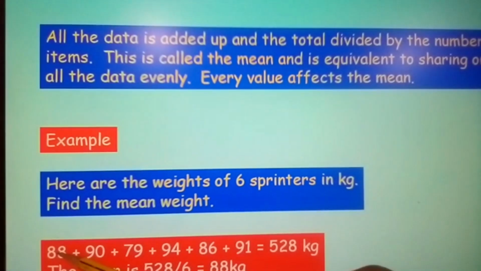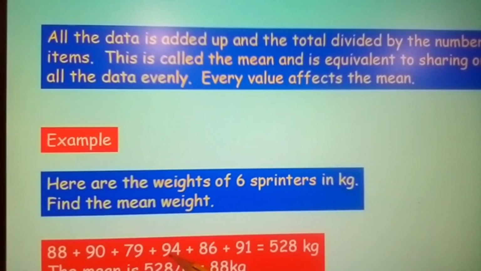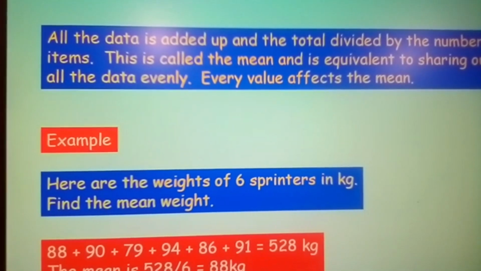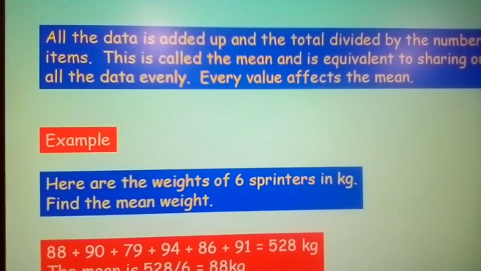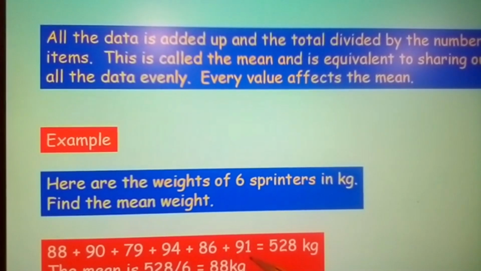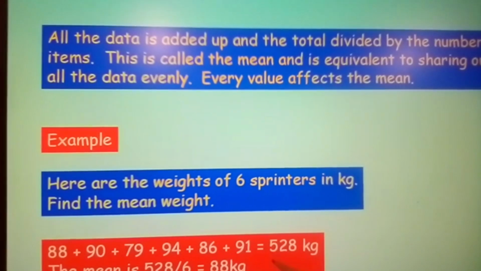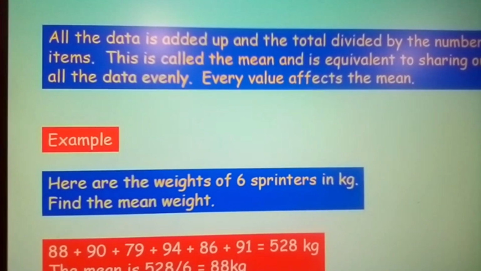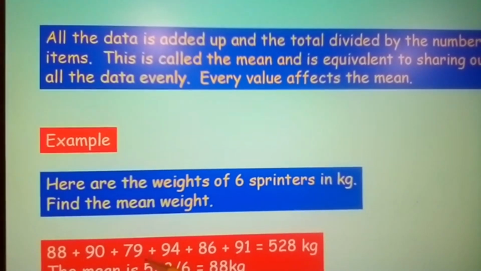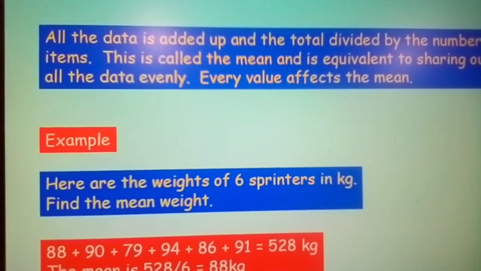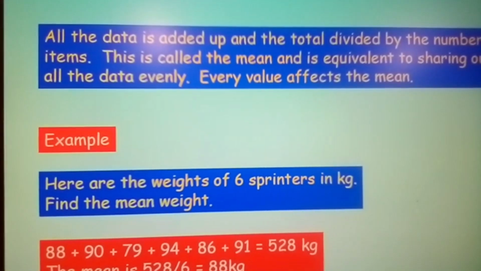That gives us 6 sprinters with their weights. You add these together and it equals 528 kilograms, and you divide by the number that you have. 528 divided by 6 equals 88 kilograms. That's your mean value.